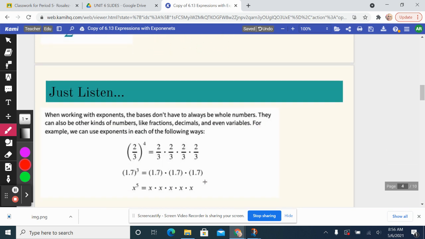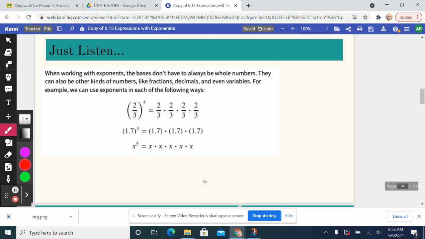And we're going to get practice. So here's some things that you might see. 2/3 to the 4th means 2/3 times 2/3 times 2/3 times 2/3, right? You can do that with fractions. You can do that with decimals. So 1.7 to the 3rd, all that means is 1.7 times 1.7 times 1.7.